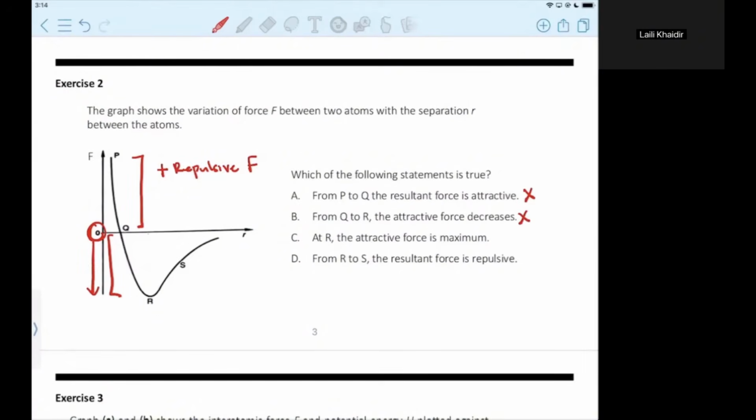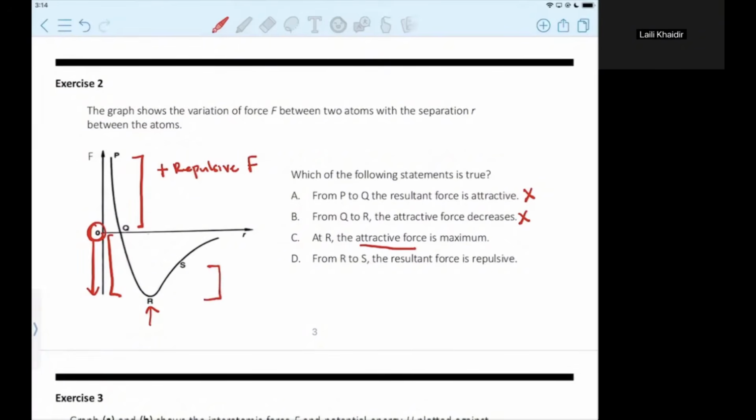Looking at statement C, at R, the attractive force is maximum. So the attractive force is maximum at R. Okay, it does make sense, but why don't we take a look at option D? From R to S, the resultant force is repulsive.